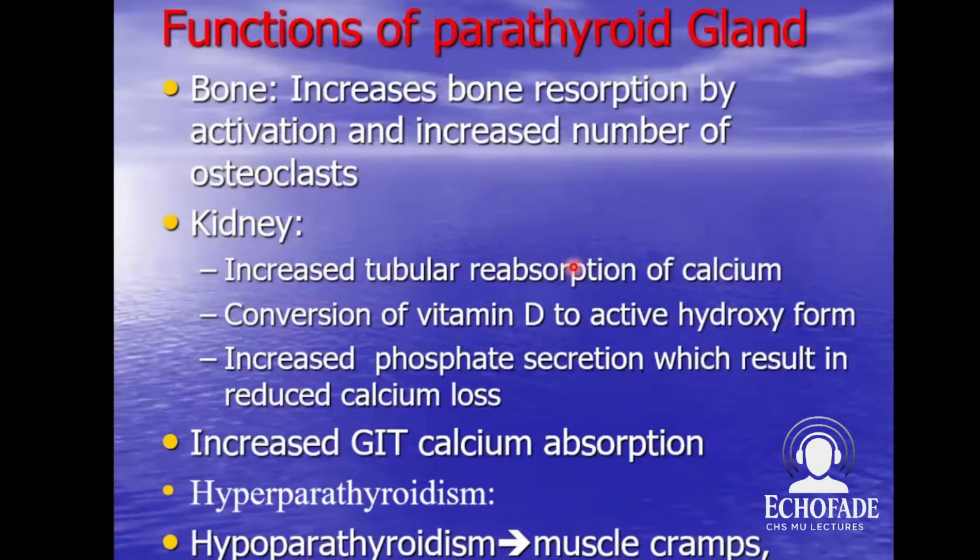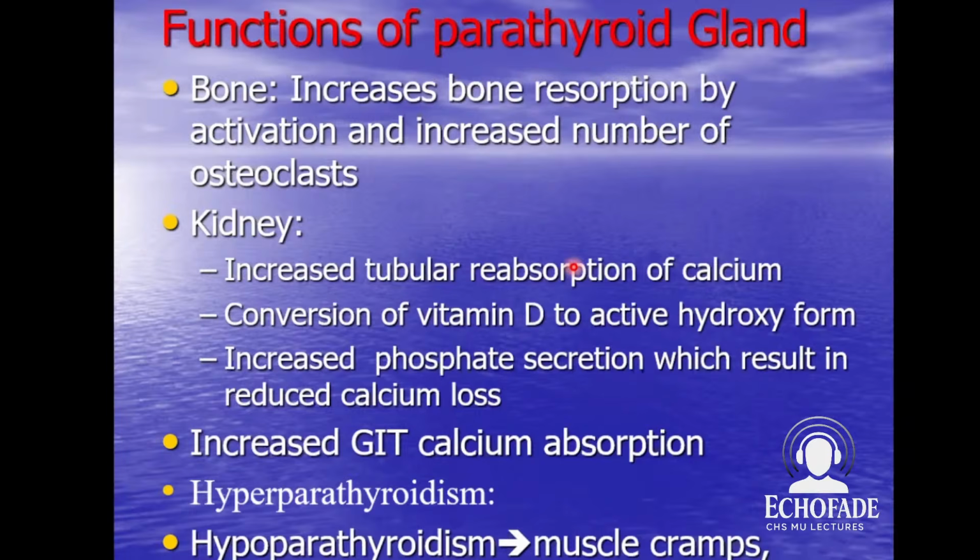What about when you have hypoparathyroidism? Sometimes when they remove the thyroid gland, they might remove the parathyroid accidentally. Then there is very low calcium levels in blood, and therefore you end up with muscle cramps because calcium is very important for contraction of the muscles.